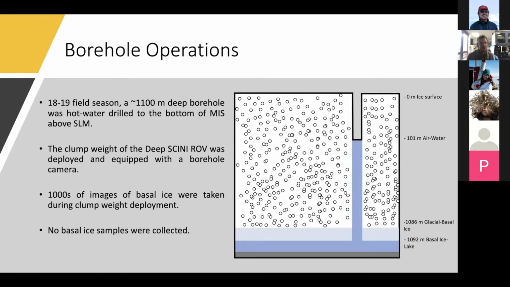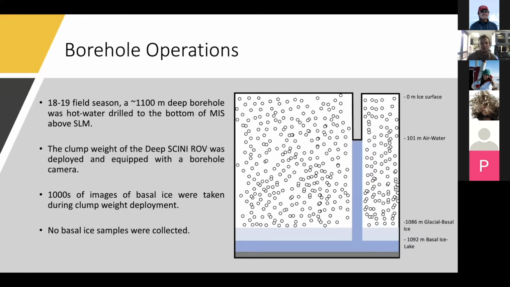So what did we do? During the 2018-19 field season, we used a hot water drill to melt about 1,100 meters deep into the Mercer Ice Stream. Our borehole was about 1,092 meters deep. This is directly above Mercer Subglacial Lake. The clump weight of the deep, skinny ROV was deployed down the borehole during field operations, and it was equipped with a camera.